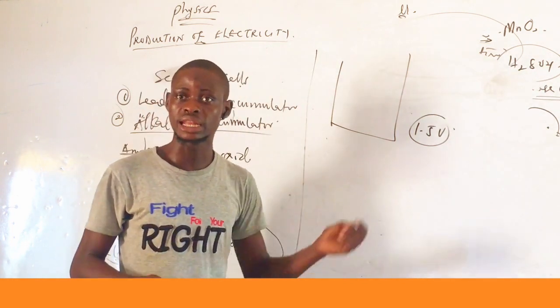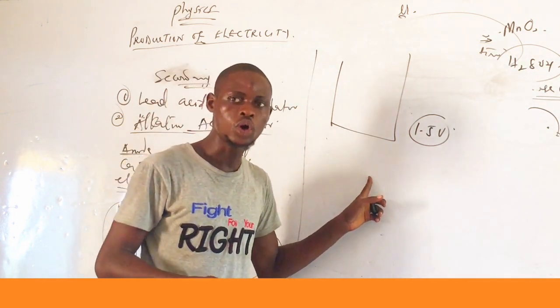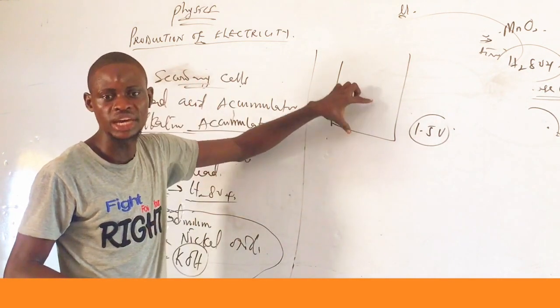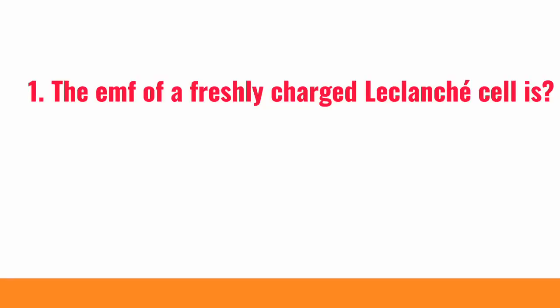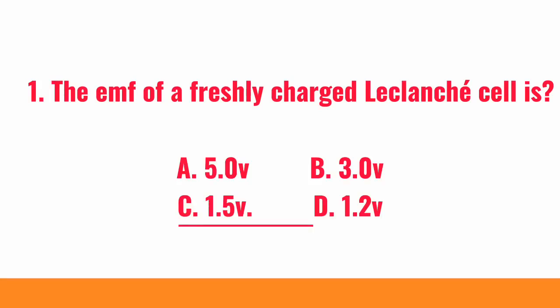So when you made it the first time, it has an EMF of 1.5 volts. The options were A 5.0, B 3.0, C 1.5, and D 1.2 volts. So the answer is 1.5 volts.